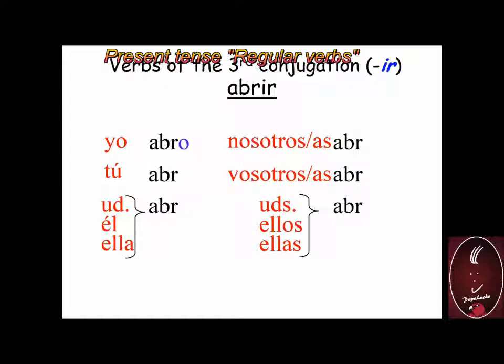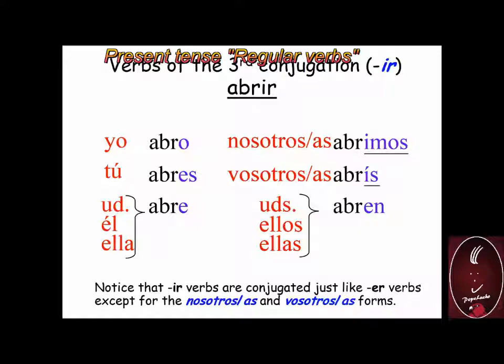Yo abro, abres, abre, abrimos, abrís, abren. What is the emphasis? Yo abro, tú abres, él, ella, usted abre, nosotros, nosotras abrimos, vosotros, vosotras abrís, ustedes, ellos, ellas abren.